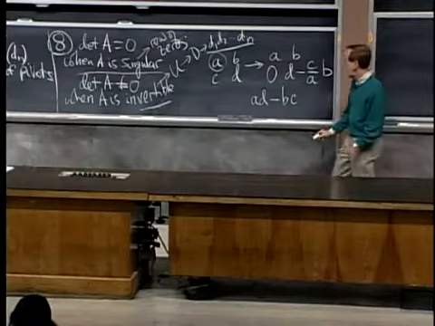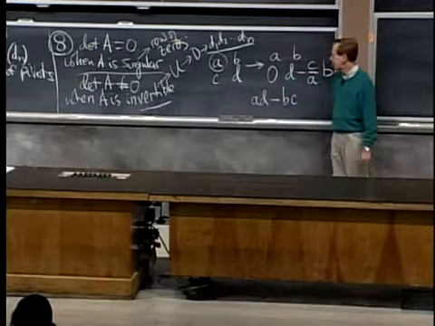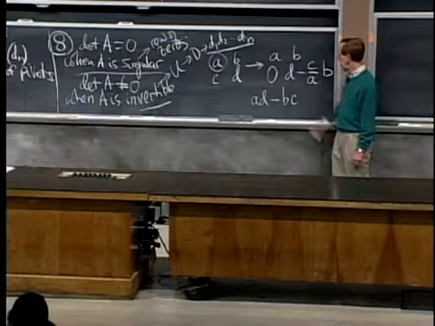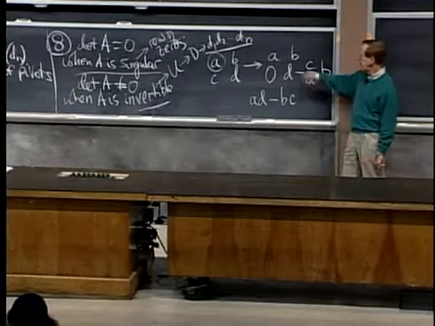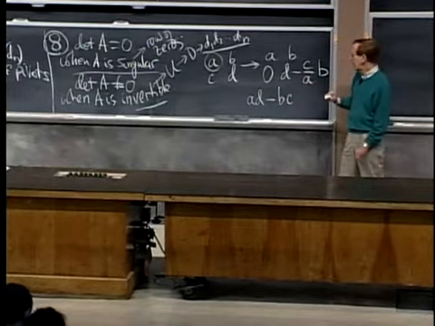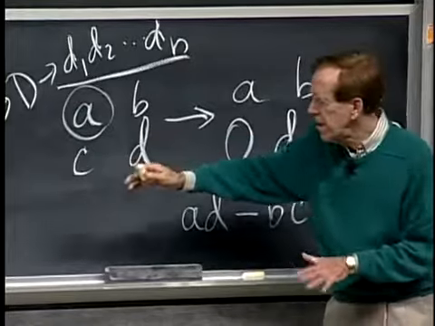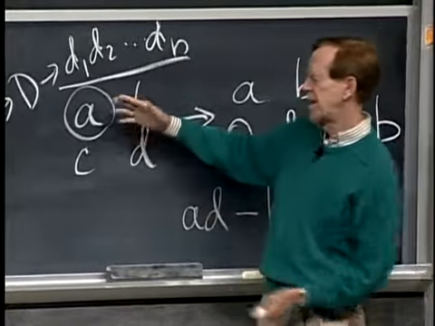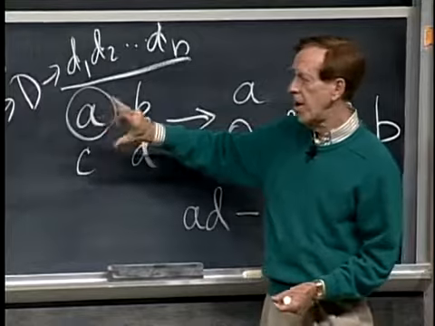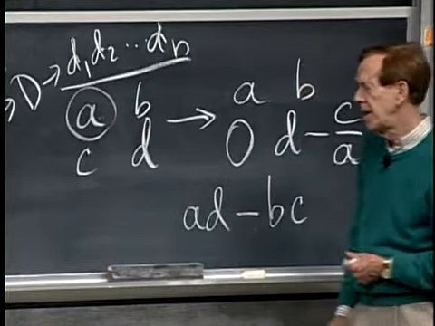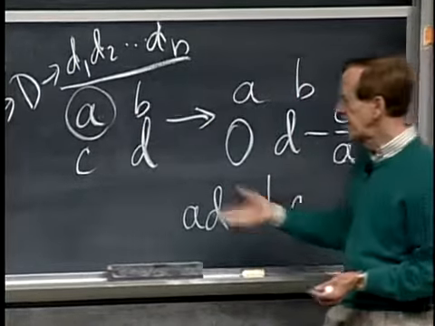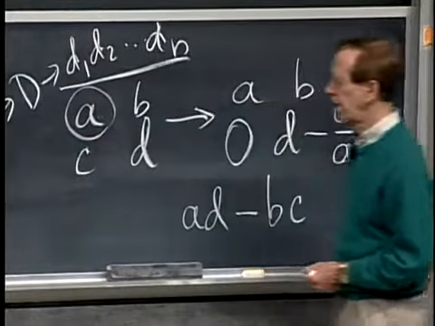So that's great, provided A isn't 0. If A was 0, that step wasn't allowed. 0 wasn't a pivot. So if A is 0, then I have to do the exchange. And if the exchange doesn't work, it's because A is singular. Okay.